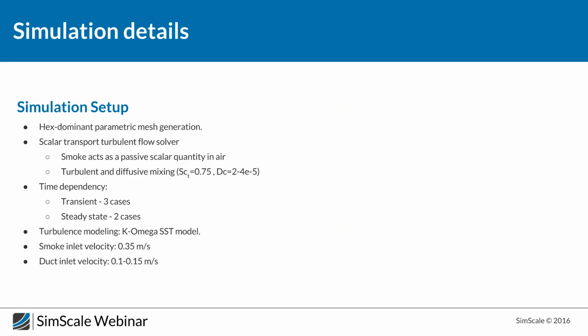In terms of time dependency, we will have 3 transient cases and 2 steady state cases. I will show all of them. Also, we will study the results in the end. For the choice of turbulence modeling, we use K omega SST. The advantage of using this model is that it brings the advantages of both K omega and K epsilon together.